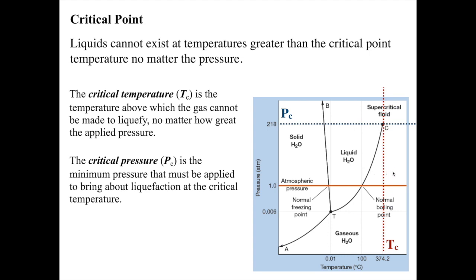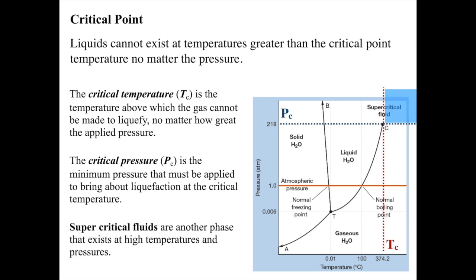If you're to the right of the critical point temperature, then increasing the pressure will not form a liquid. So if you increase the pressure above the critical point temperature, you will not liquefy the substance. At the critical point temperature, that's the maximum temperature at which you can liquefy the substance by increasing the pressure. And that's the pressure at which the liquid will form.